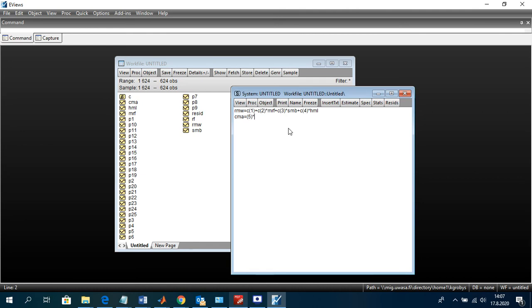So C5 denotes the parameter for the intercept for the CMA regression, plus C6 times MRF, which is the market factor, plus C7 denotes the parameter for the sensitivity estimate against the size factor, plus C8 times HML. So we have now defined our system.